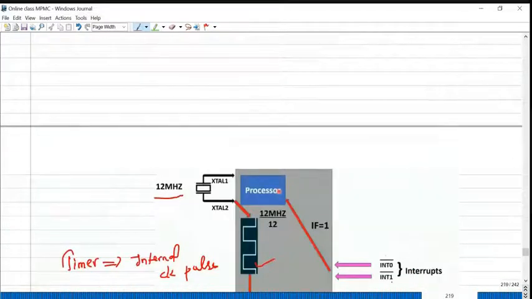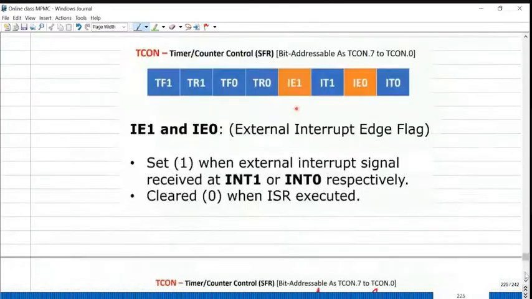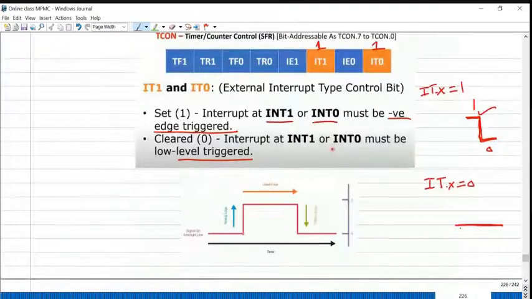On the INT0 or INT1 pin, if it is 0 for a while, then the interrupt is recognized. That's why we say low level. This is level triggering, particularly low level triggering. This is edge triggering, particularly negative edge triggering. So that is the function of IT, the external interrupt type control bit.